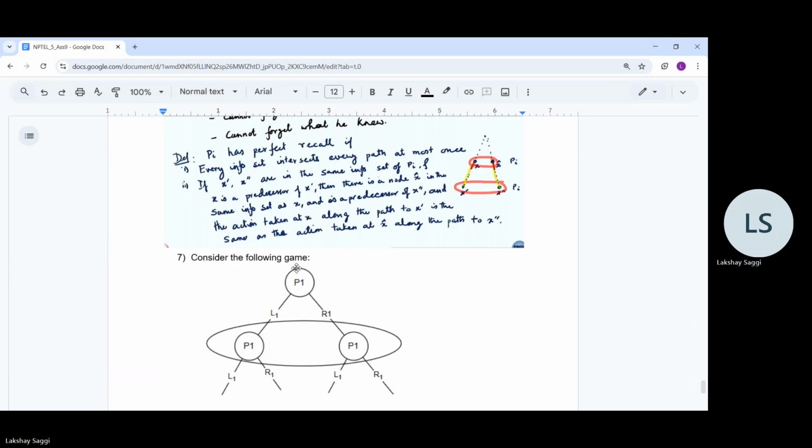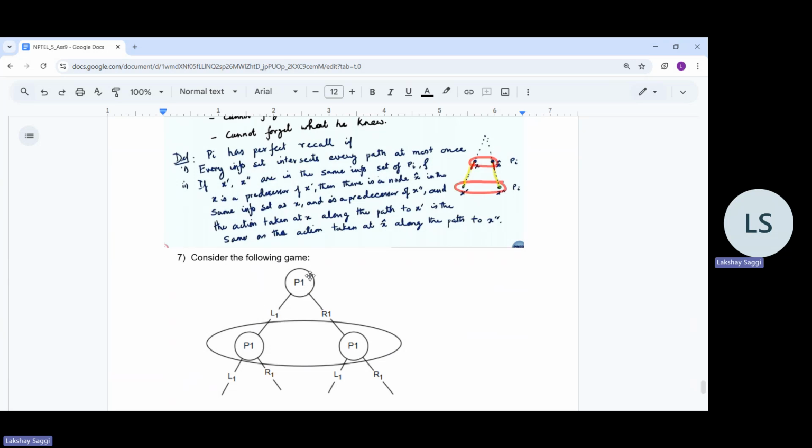So this node is actually equal to x and also x hat. But if it has perfect recall, then the action taken at x along the path to x prime, which is the action L1, is the same as the action taken at x hat along the path to x double prime.